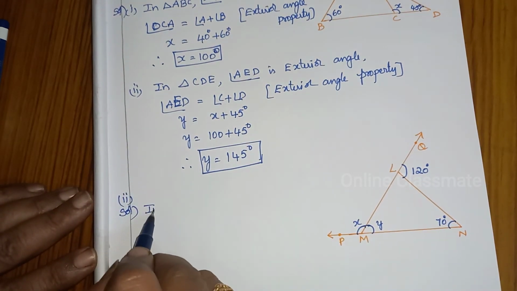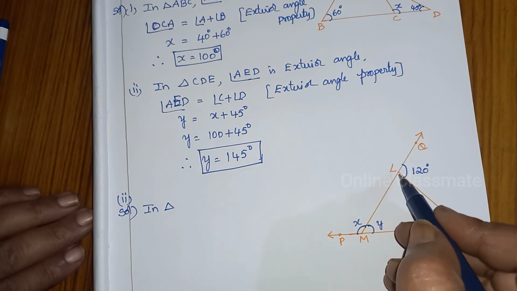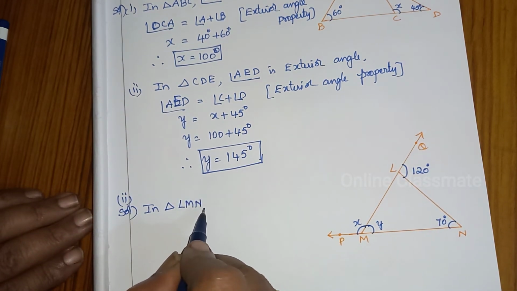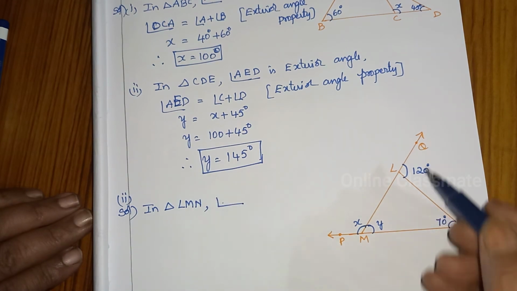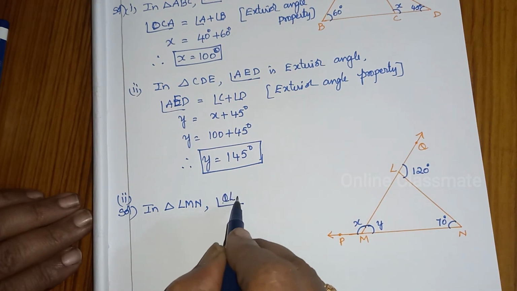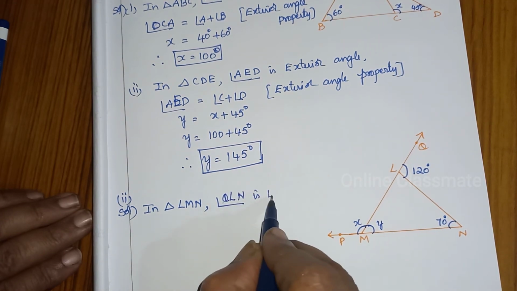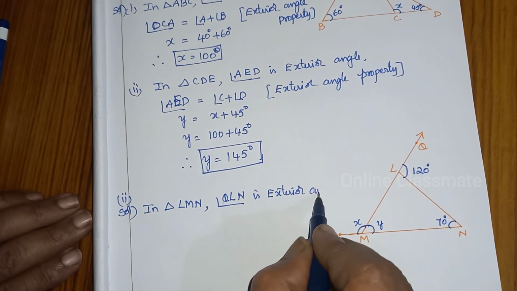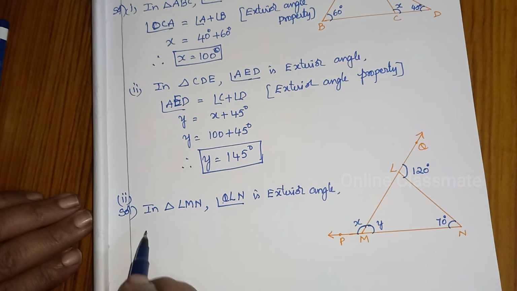Solution, second one. In triangle LMN, what is the exterior angle? QLN is the exterior angle.